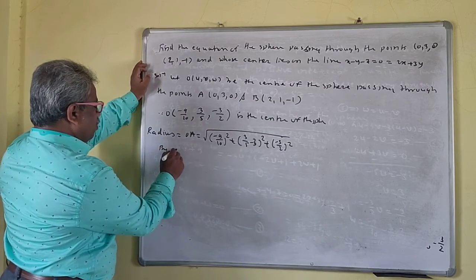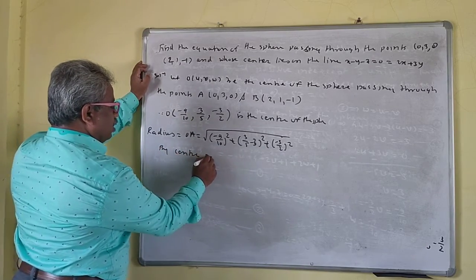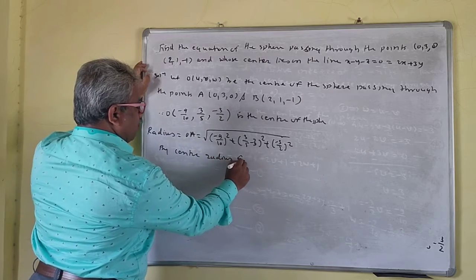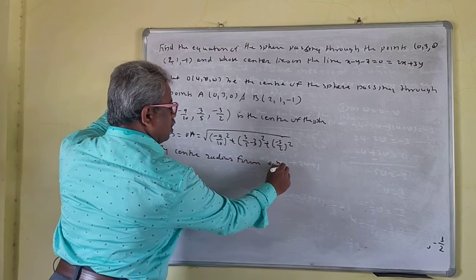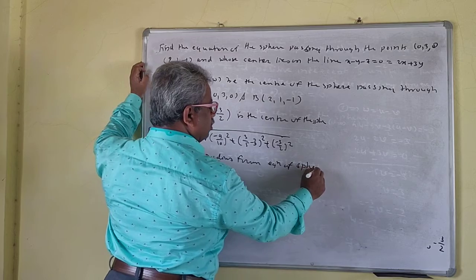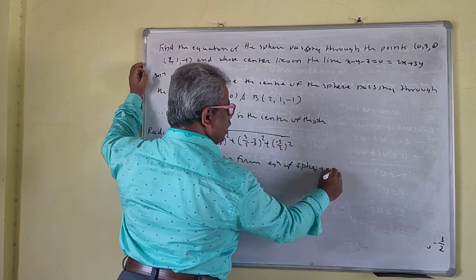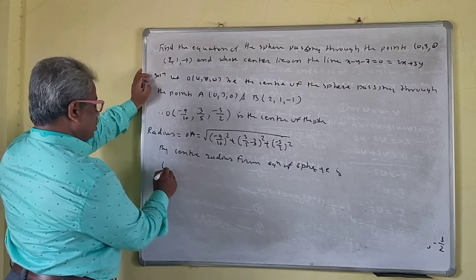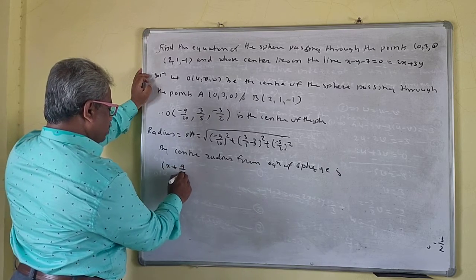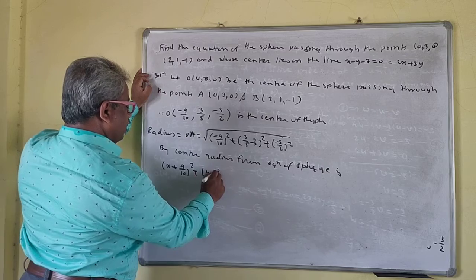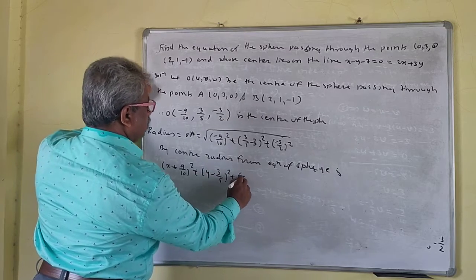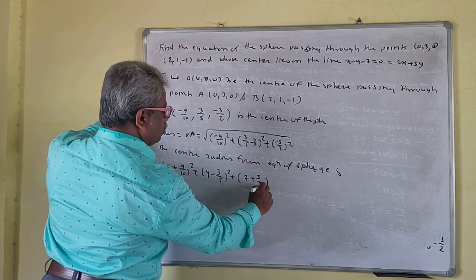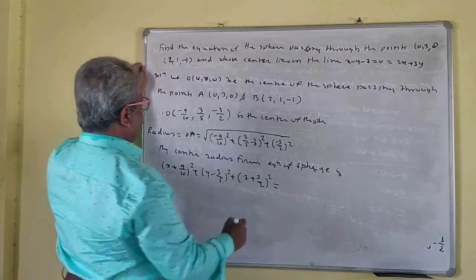By center radius form, equation of sphere is x plus, okay, y minus 3 by 5 square, z plus 3 by 2 square is equal to radius square.